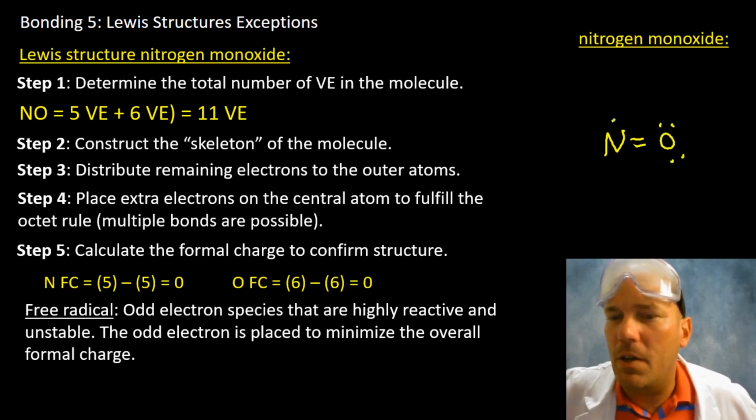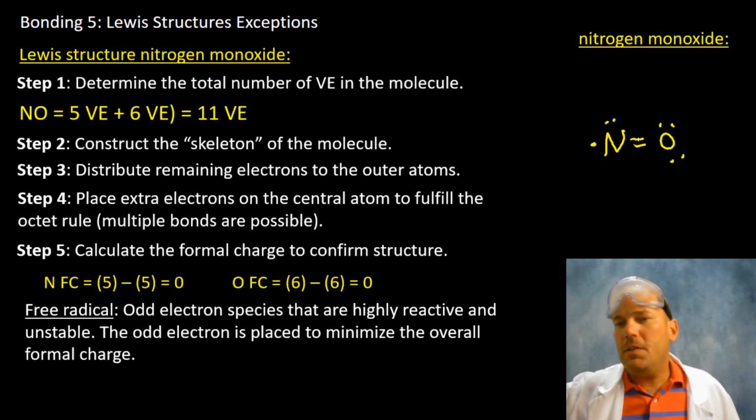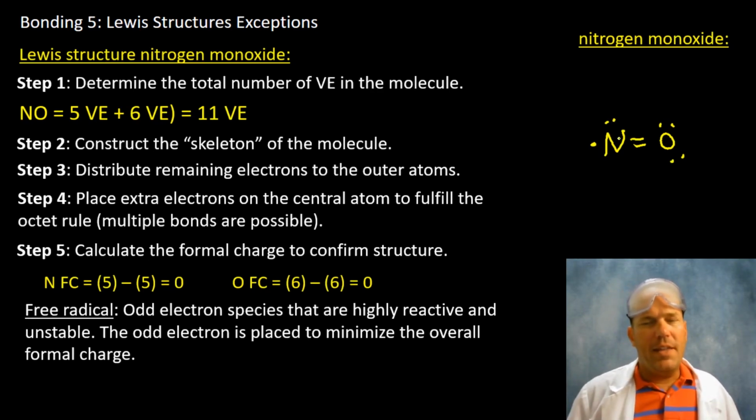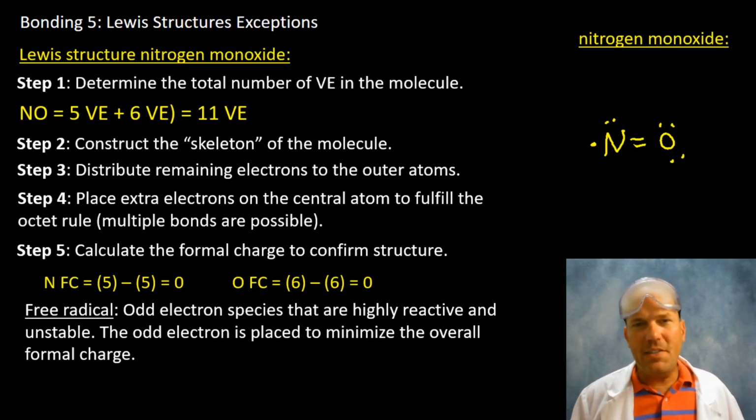This is the correct structure here. 2, 4, 6, 8, 10, 11. Now let's look at octet. 2, 4, 6, 8. 2, 4, 6, but only 7. In this case here, we have a rare, unstable free radical.